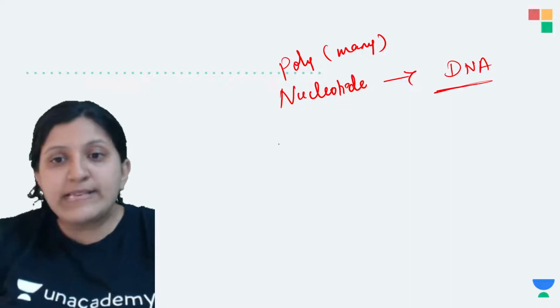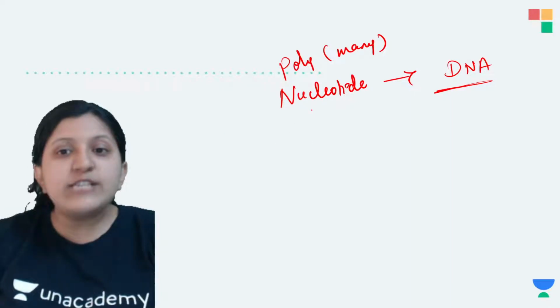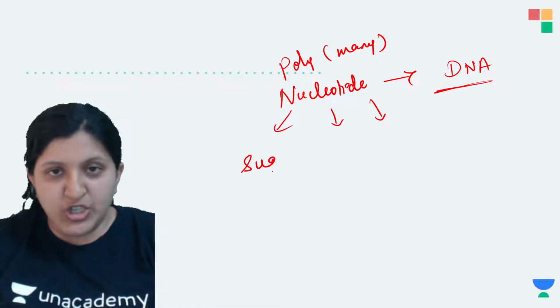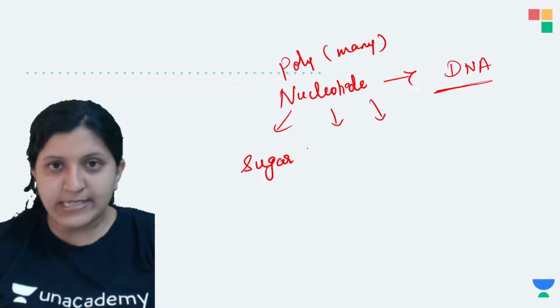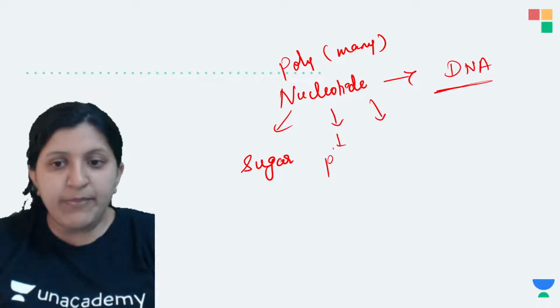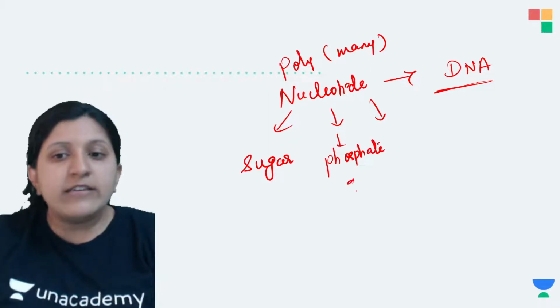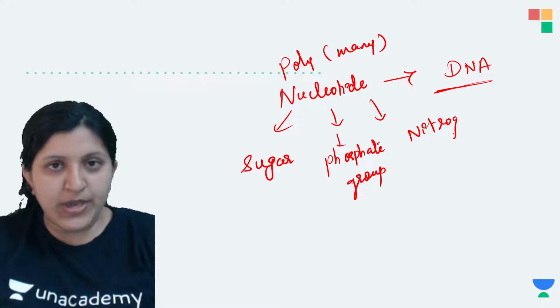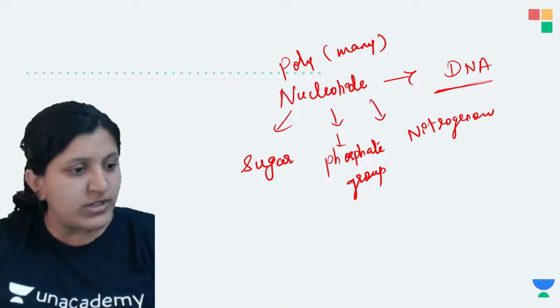And now, what all does a nucleotide contain? A nucleotide will have a sugar. Then the phosphate group will be there. Phosphate group is present, and along with that you can also find a nitrogenous base.